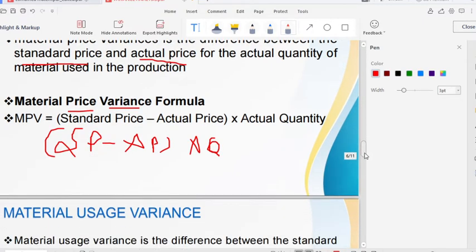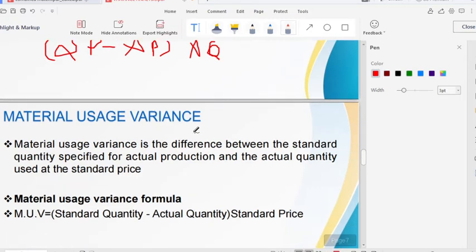Let us move to the next variances, that is material usage variances. So remember, whenever it comes to usage, it is a quantity used. Got it? Material usage variances is the difference between the standard quantity specified for actual production and the actual quantity used at the standard price.